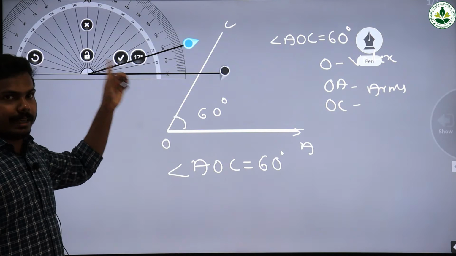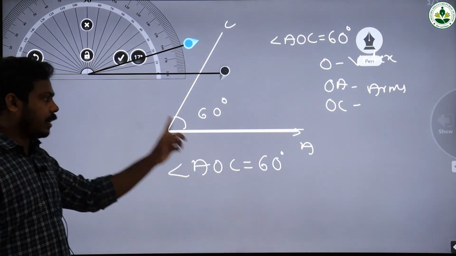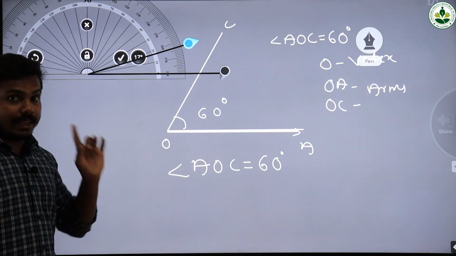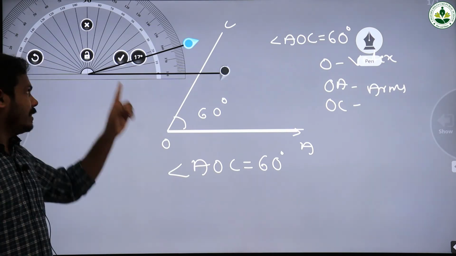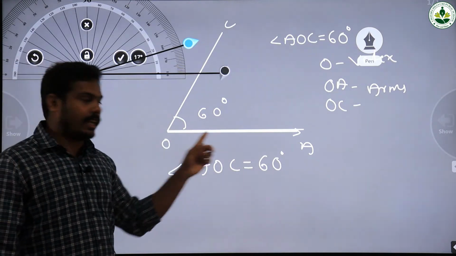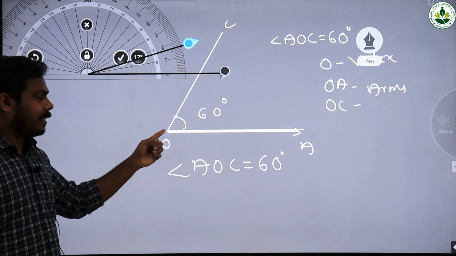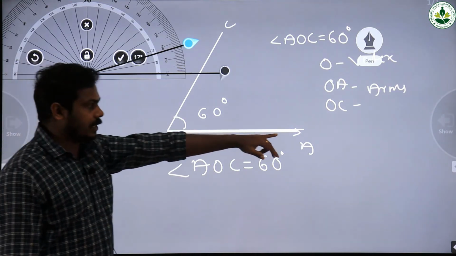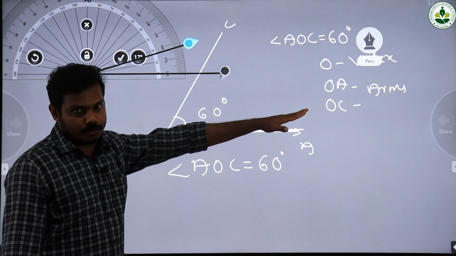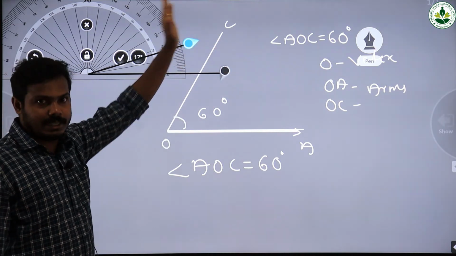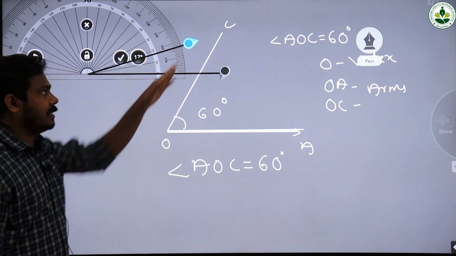Then place the baseline of the protractor over the arm OA in such a way that the center of the baseline lies exactly over the vertex O. Then start measuring from the 0. Where you find the angle 60, stop there, then connect those two points.